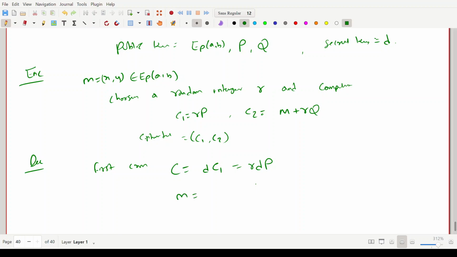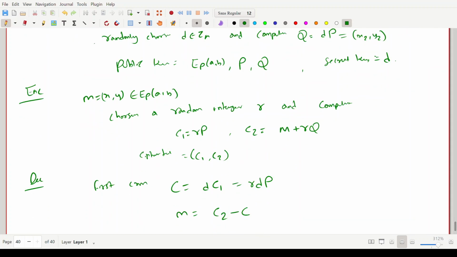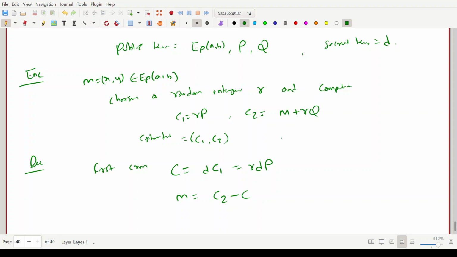M can be computed just by C2 minus C, because this RQ is RDQ, and Q was DP. So it is M plus RQ minus RDP, that is M.